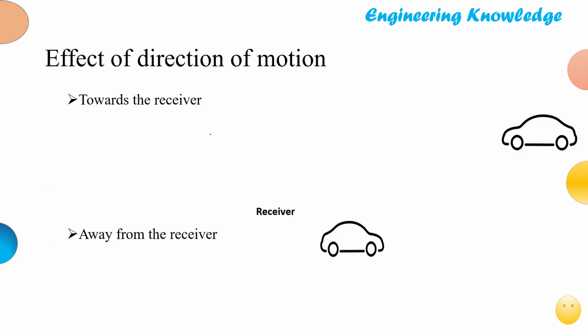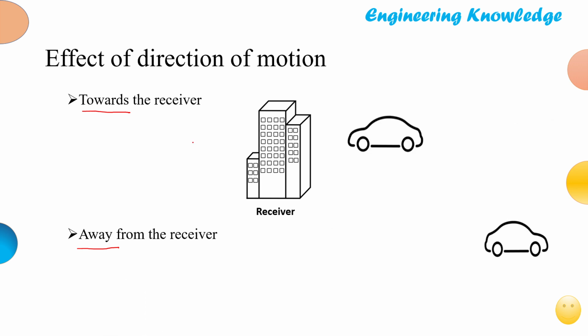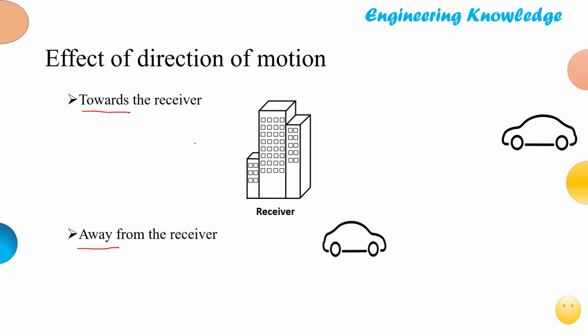Now, this Doppler frequency is a relative concept, and by relative it means the frequency will reduce when we are moving away from the receiver, and the frequency will appear to be larger when we move towards the receiver. Which means that if we are moving away from the receiver, we will experience a frequency which is smaller.